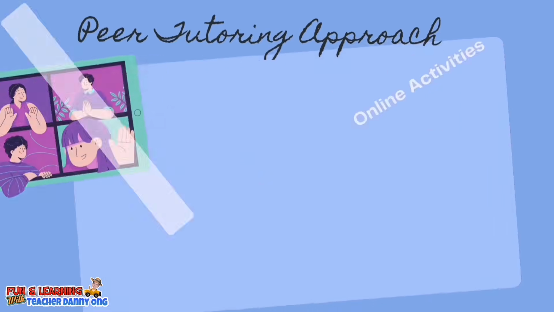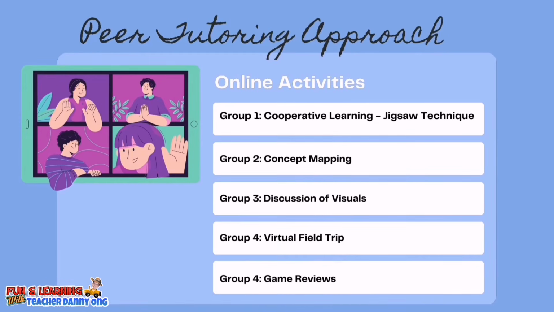Now, here's an example. Let's say the teacher wants to tackle more on online activities for the students. Here, each group is given tasks to share with their classmates. Let's say, for example, Group 1 is given a cooperative learning strategy, which is the Jigsaw technique. Group 2 will deal with concept mapping.